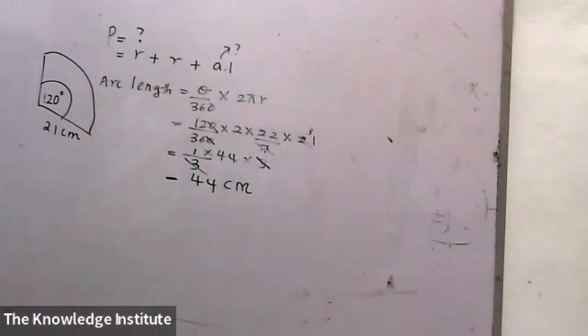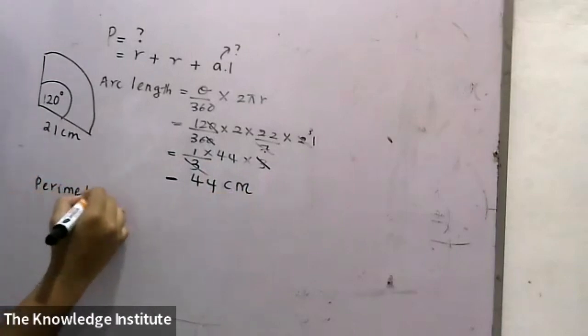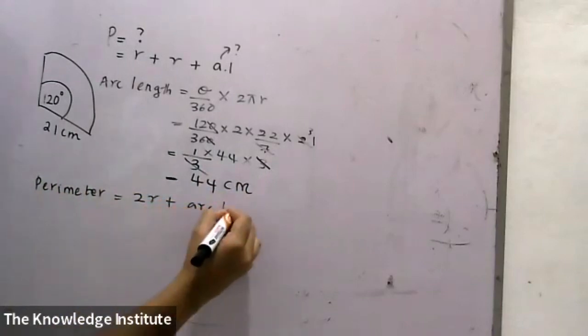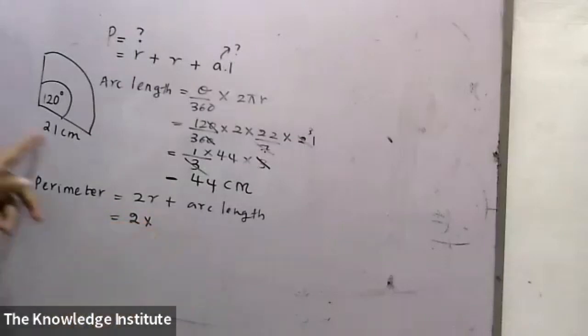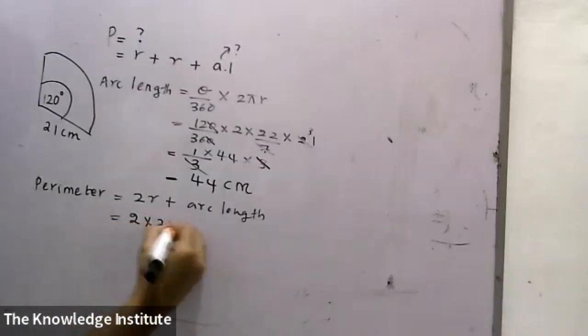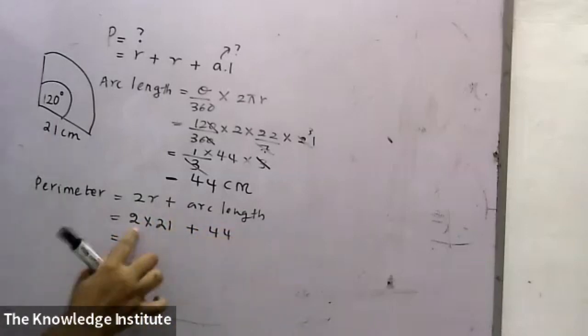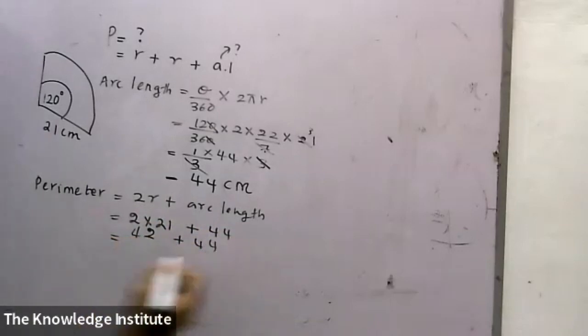Now you know the arc length. How can we find the perimeter? Perimeter is equal to 2r plus arc length. What is the r value? They have given 21 centimeters. What is the arc length? 44 centimeters. If you multiply 2 with 21, you will get 42, plus 44.